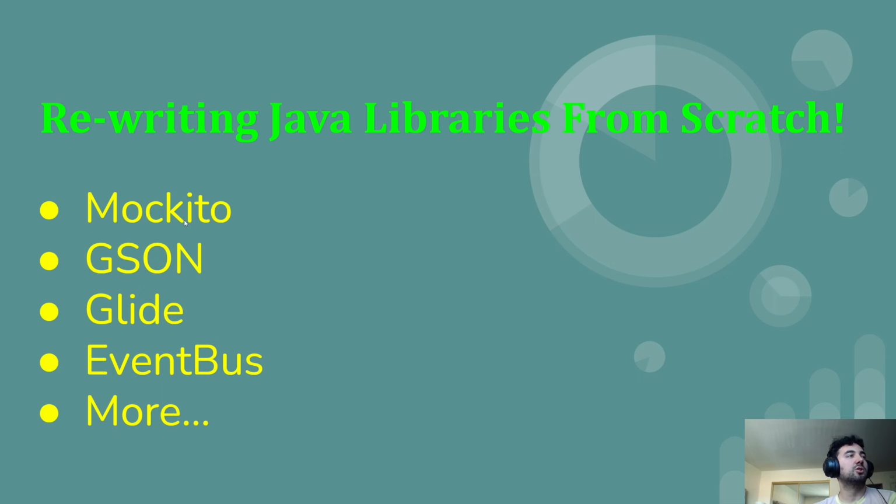We're going to try not to use other libraries while we're doing this, so we're going to use core Java as much as we can. Some of them do depend on various other libraries in their original implementation, but we're not going to do that.